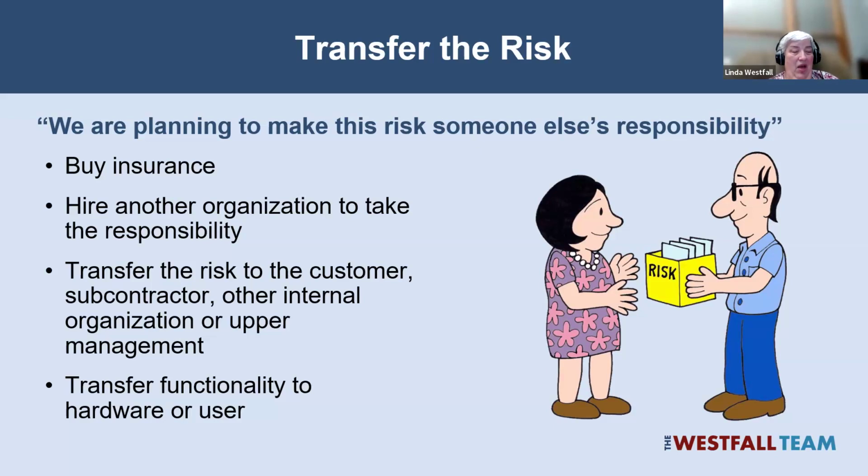Can you make it the subcontractor's problem or some upper management problem by escalating the issue? We did this back and forth with the software and the hardware and the users. There were hardware issues of the board going bad or something when we did telecom. So we constantly pinged and echoed that board.